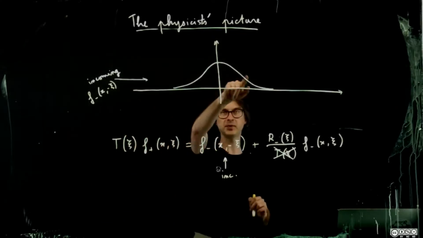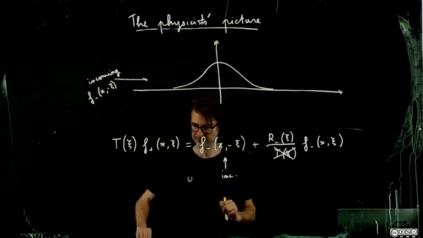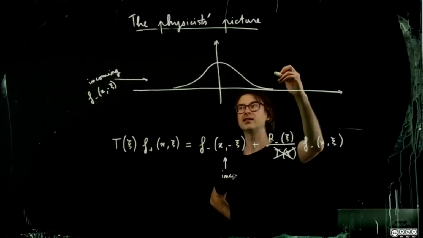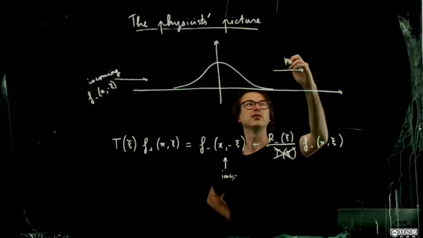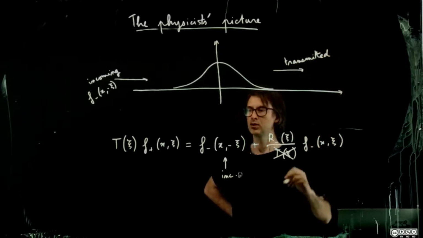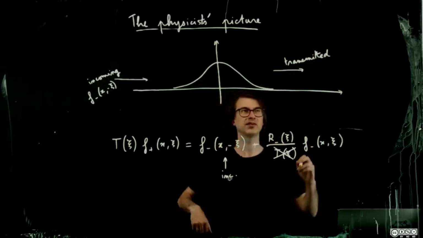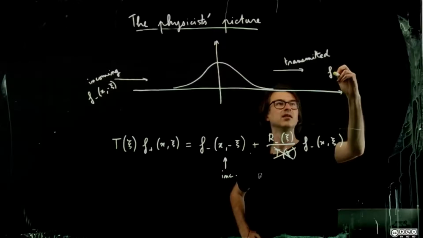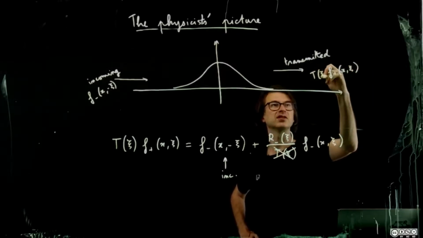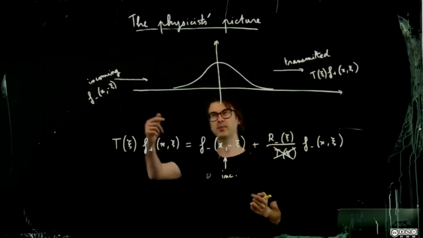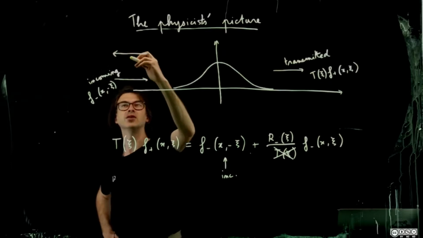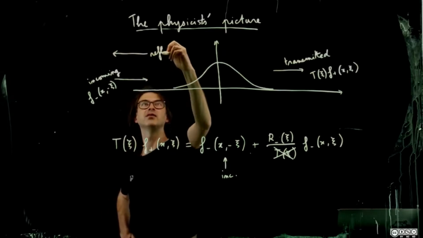It's hitting this potential, and then you have part of the wave that goes through, and that's the transmitted wave. So it's F plus of x, xi, with the transmission coefficient T of xi. And part of the wave bounces back, and so that's the reflected wave.